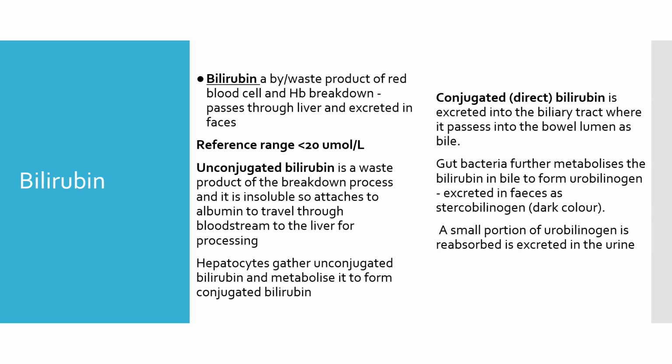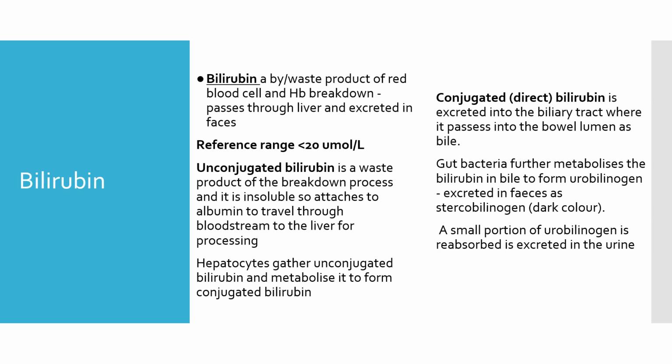So we'll sometimes talk about unconjugated and conjugated bilirubin. Unconjugated is that waste product which is not water soluble, so it has to attach to albumin to travel through the bloodstream to the liver for processing. There at the liver cells, the hepatocytes metabolize it to form conjugated bilirubin, which is water soluble.